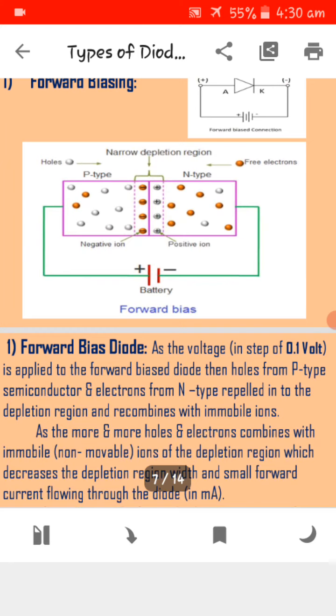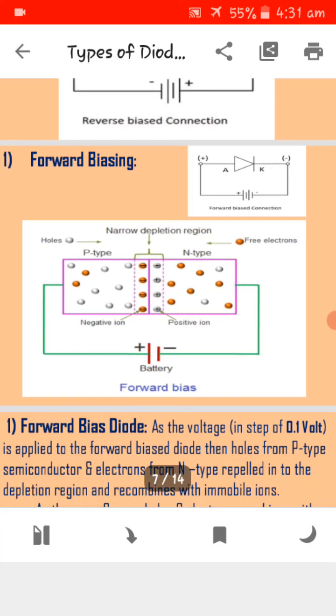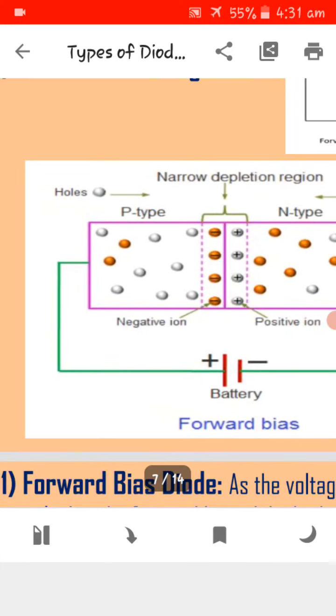So 0.1 volt, 0.2 volt, 0.3 volt, like that we have to apply the voltage from the battery. So what is the action inside the PN junction diode? Look at the diagram, and I'm explaining it in detail.